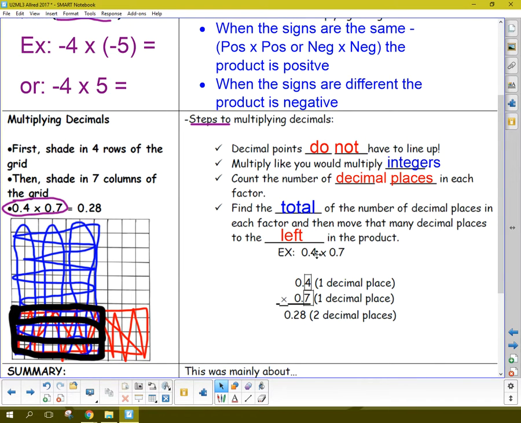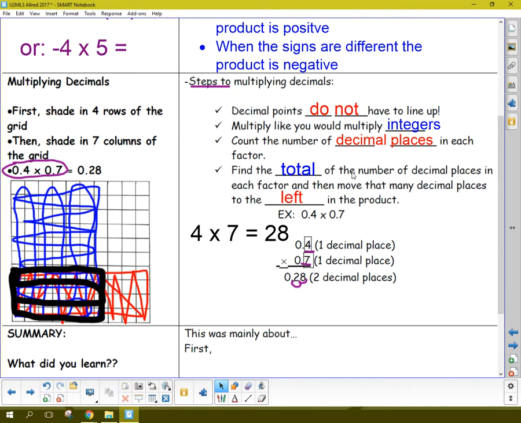So, for example, if we do 4/10 times 7/10, I know 4 times 7 is 28. So I just wrote that right there on the bottom. I wrote 28, and then I realized that there was 1 decimal place here in 4/10 and 1 here in 7/10, and I moved 2 decimal places to the left, and the product ended up right there in front of the 2. So that's 28/100, okay?